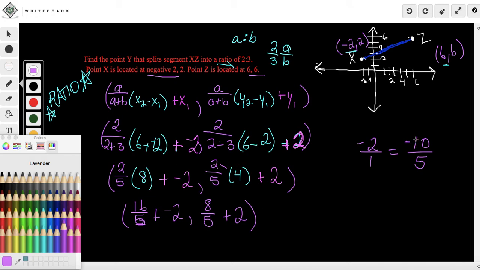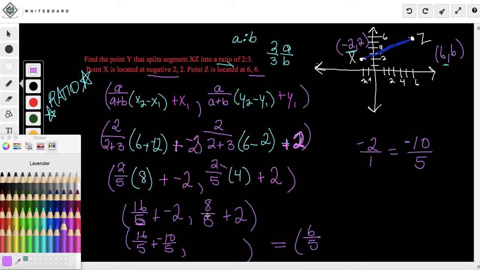And we're going to keep our negatives, so that would be -10/5. So 16/5 plus -10/5, and that is going to equal, I'm just going to put my equals over here so we can solve it. So 16 minus 10 is 6. So our first coordinate would be 6/5.